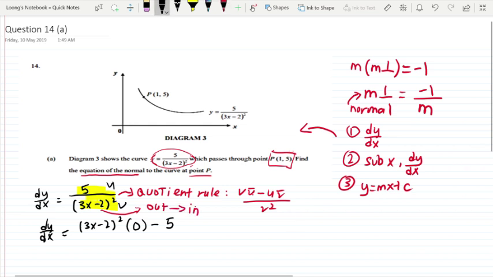The outer part has a power of 2, so we pull the 2 to the front and keep writing the same thing. After that we differentiate the inside, which is 3. Eventually the answer is -5 divided by 2, (3x minus 2) to the power 3.